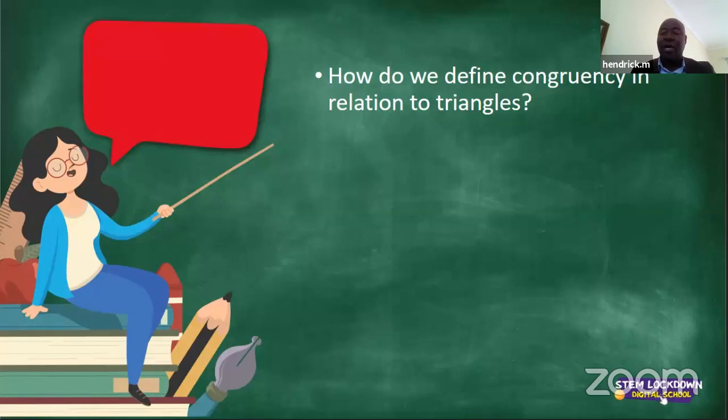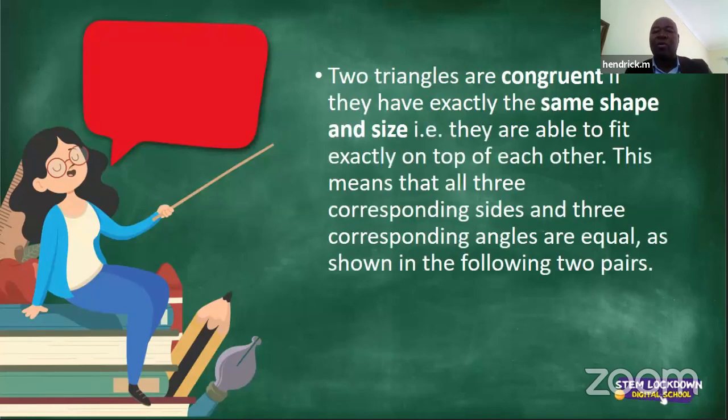And of course, we can simply define congruency by saying that two triangles are congruent if and only if they have exactly the same shape and the same size. We're talking here about the shape and the size. Some people will start with the size, it's fine.